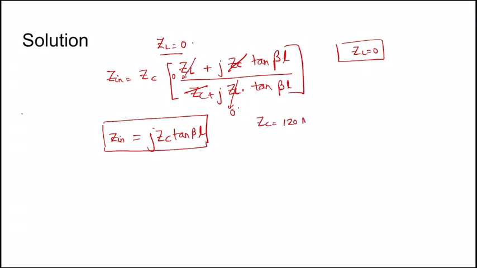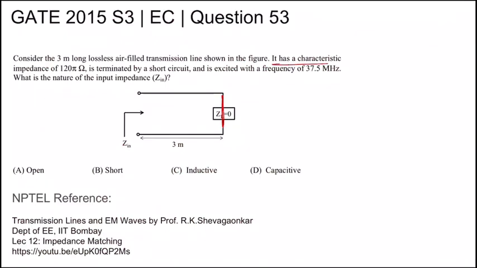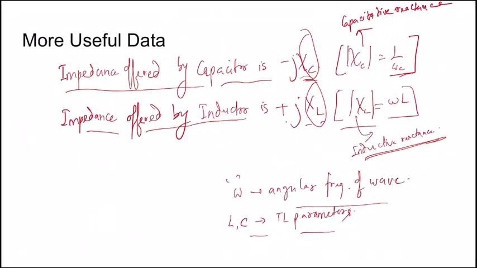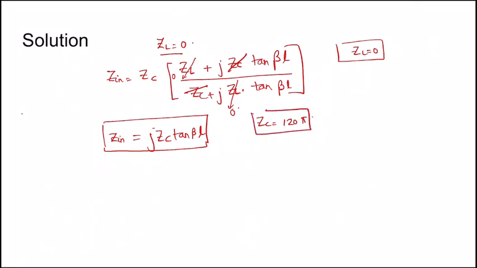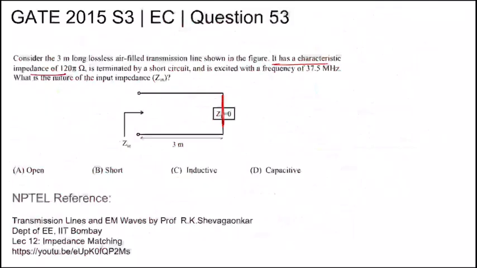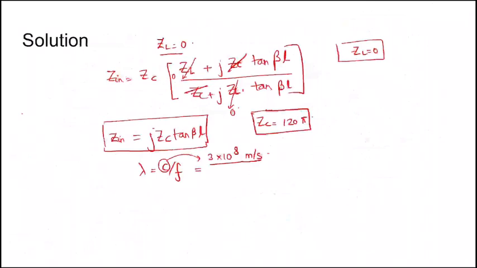Now ZC is given to be 120 pi. This is the given characteristic impedance of 120 pi ohms, so 120 pi is ZC. Now lambda equals c by f, where c is the velocity of light because the wave is traveling with the speed of light, so c is 3 into 10 to the power 8 meters per second, divided by, taking all SI units, f, which is given in the question as 37.5 megahertz, so 37.5 into 10 to the power 6 hertz.